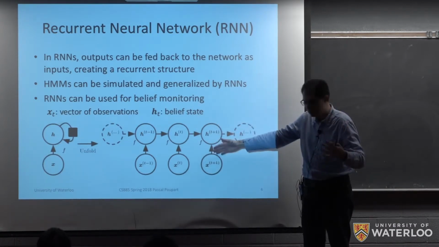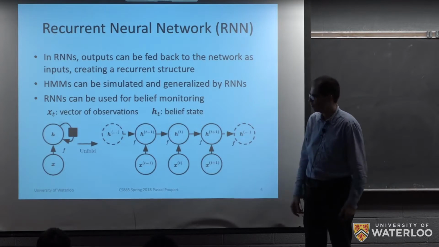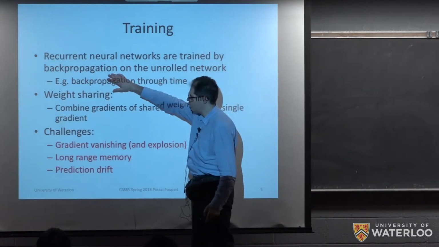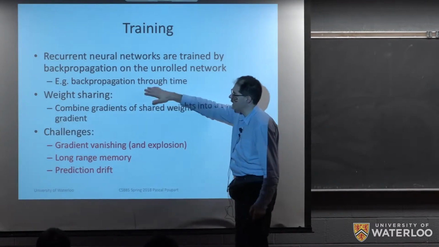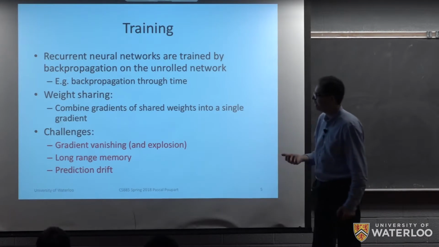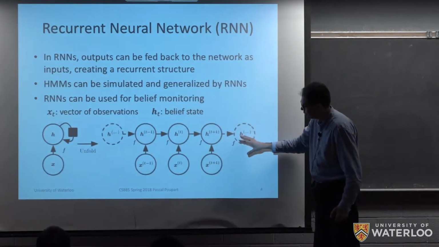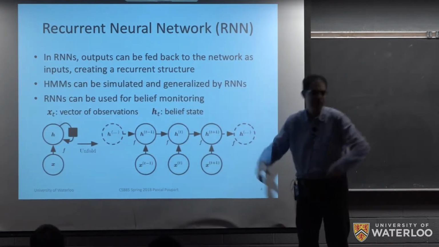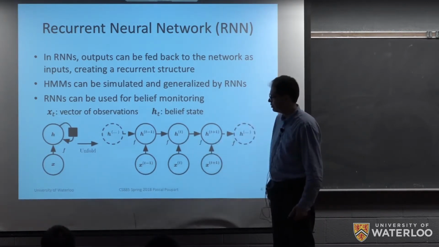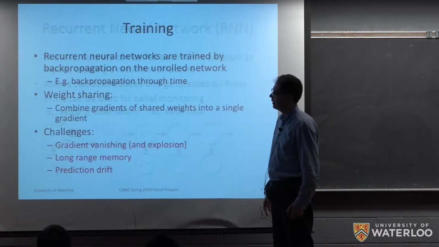So it's just going to be gradient descent as usual. Okay, so in the neural net literature, they would call that backpropagation through time, because you're unrolling the network and then doing backpropagation through time, but really it's just backpropagation. So there's nothing special about it.